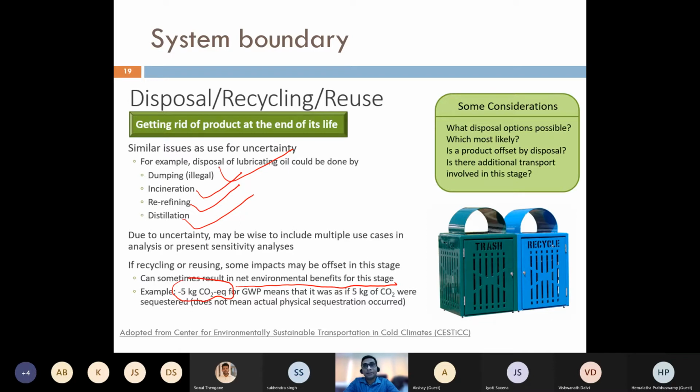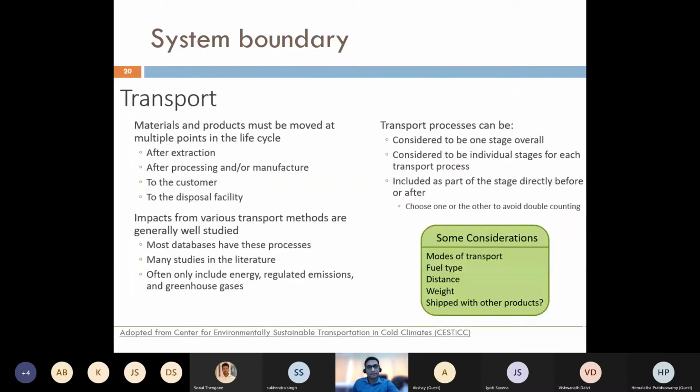So by recycling the product, you are avoiding those 5 kgs of CO2 equivalent, and in that case it is saying -5 kgs. It doesn't mean that you have sequestered those emissions. It just means you avoided them. If we had gone by the business as usual or conventional scenarios, those emissions would have ended up in the atmosphere and caused global warming.